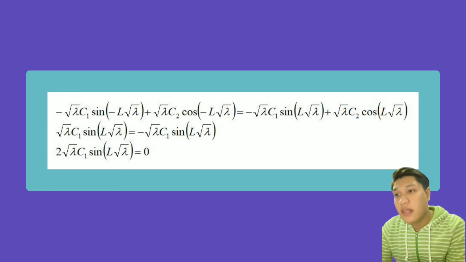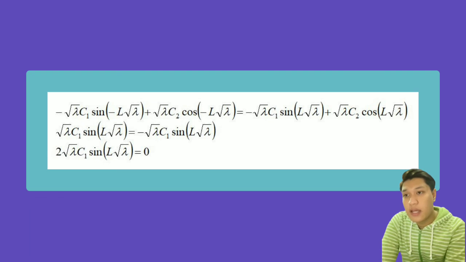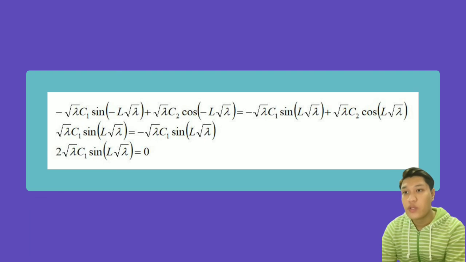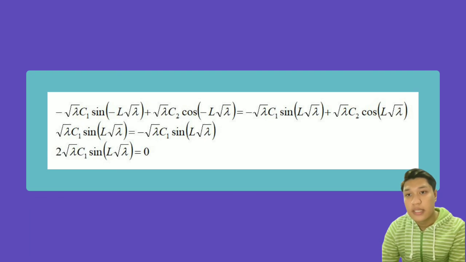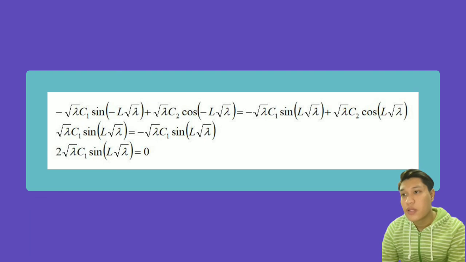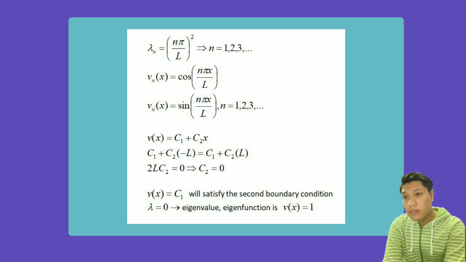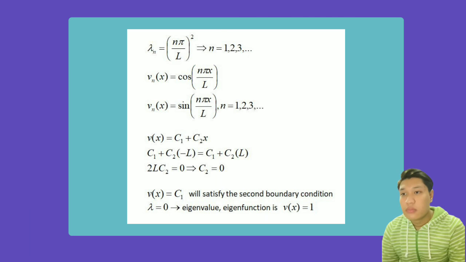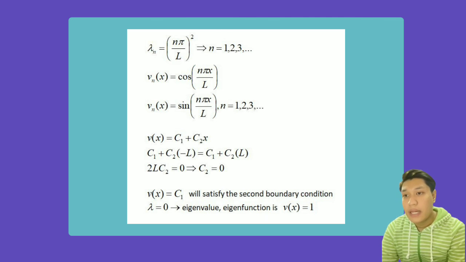This means therefore that we must have sin L square root lambda equals to 0, which in turn means from our previous example that the positive eigenvalues for this problem are lambda n equals to (n pi over L) square, n equal to 1, 2, 3.